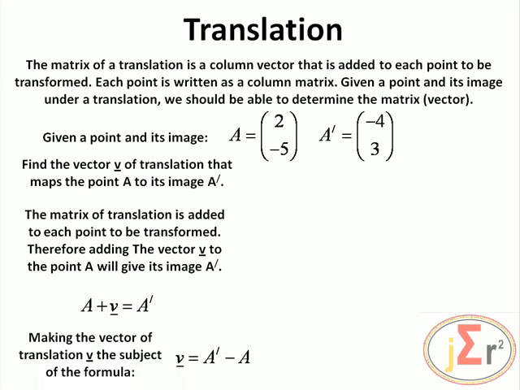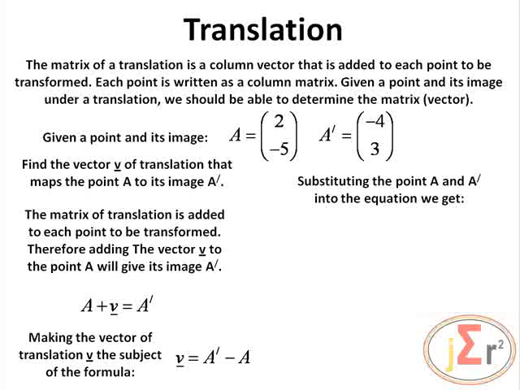Therefore, this simple transposition should be no problem whatsoever. Of course, we are making V the subject of the formula, and so A has to be transposed to the other side. So the vector of translation is equal to the image minus the original.